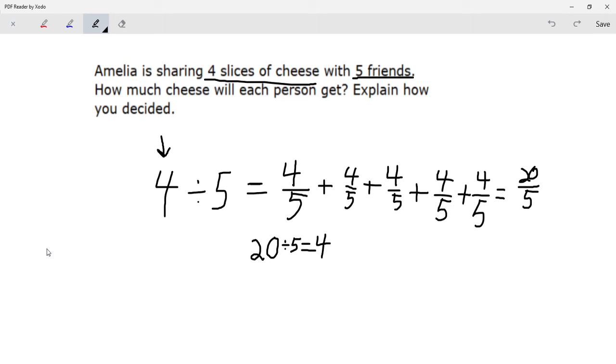If we're splitting up 8 pizzas, 8 is going to come first. Okay? So whatever we're splitting up is going to come first. Then however many pieces we're splitting it up into, that's what's going to be the divisor.